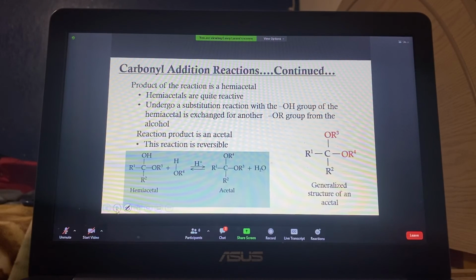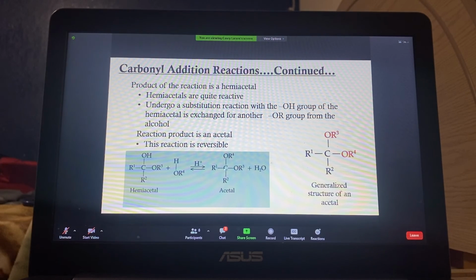And so what we can talk about, I don't want to talk about it right now, but a hemiacetal can undergo another reaction with more alcohol. As long as there's alcohol that is hanging out around the area, you end up forming an acetal.